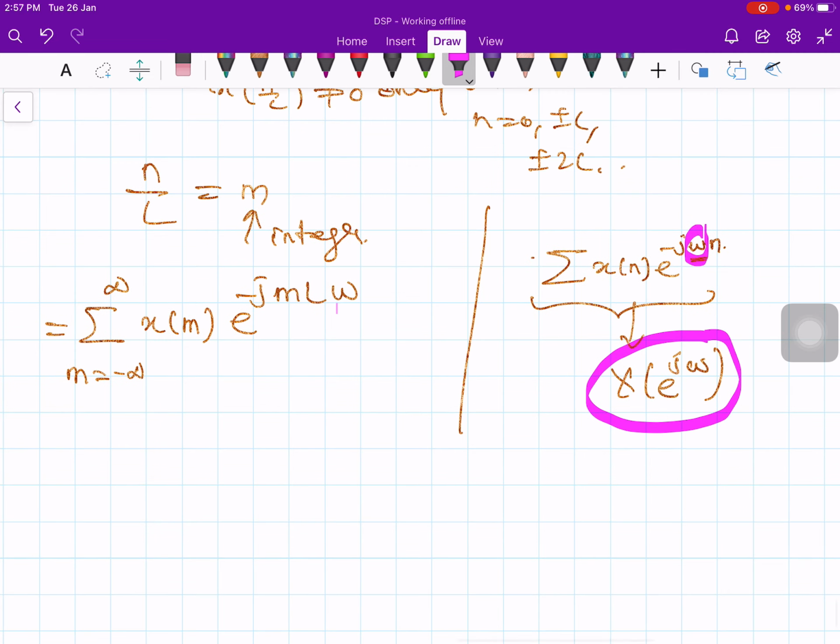If you have omega here, then it becomes x of e to the j omega. Now instead of omega, I have L also here. So in addition to omega, I have L here. Anyway, this m is a variable. Here also m and here also m. Here also n and here also n, it doesn't matter.